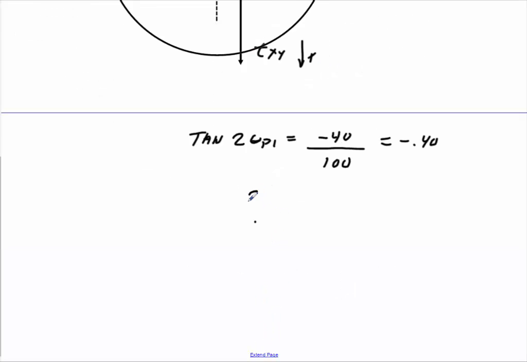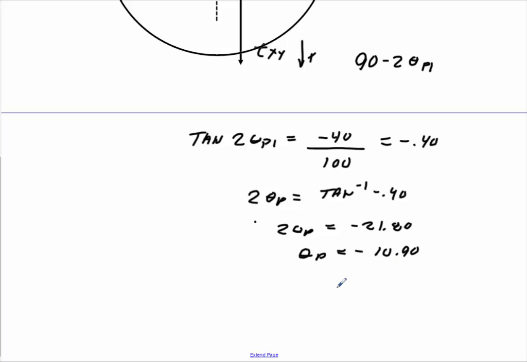So I can say that 2 theta P1 is equal to the inverse tangent of negative 0.40. We will get 2 times my principal angle, giving me a value of negative 21.80. So our principal angle would be equal to negative 10.90.